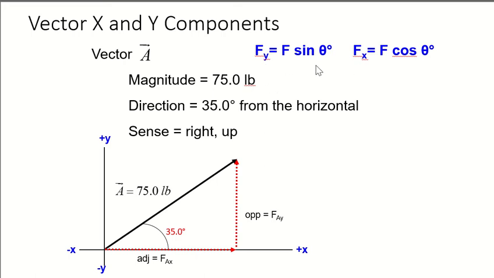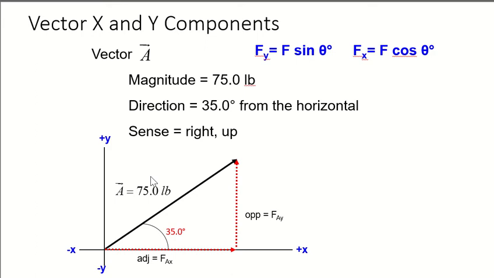We've broken it down so that if it's a y component force, use F sine theta, theta being my angle, and if it's an x component force, use F cosine theta, theta being my angle. Now this only works if you're measuring counterclockwise from the x-axis, as I'll show you in a minute.